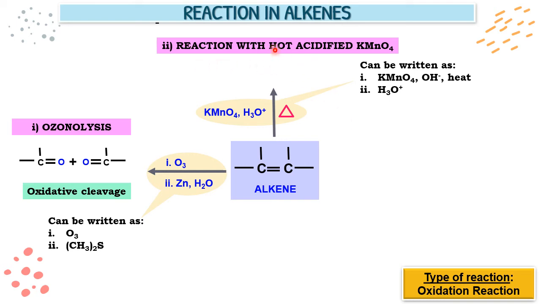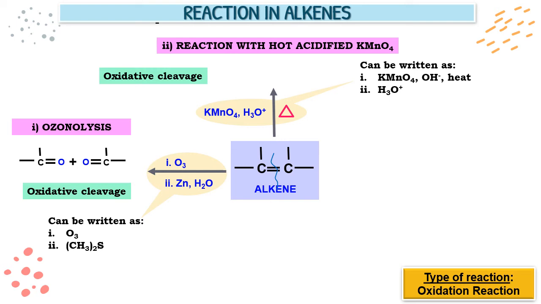For the reaction with hot acidified KMnO4, this is also an oxidation reaction. The type of oxidation over here is also an oxidative cleavage. In other words, what does it mean when we have an oxidative cleavage? The carbon-carbon double bond will be broken down, and we will get two different products.